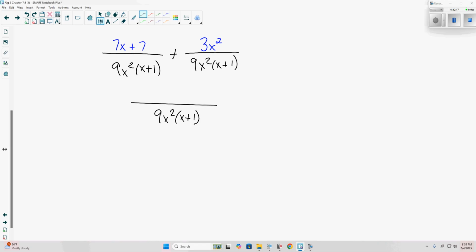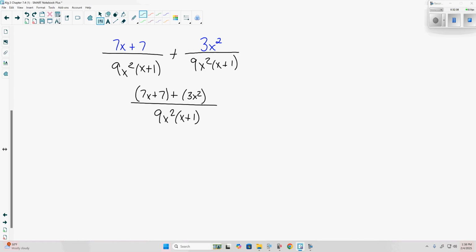Now we can actually add the numerators. Normally we would add them, put parentheses around them. With addition, that's not a big issue because we're not worried about a sign change that's going to occur, because that happens with subtraction.